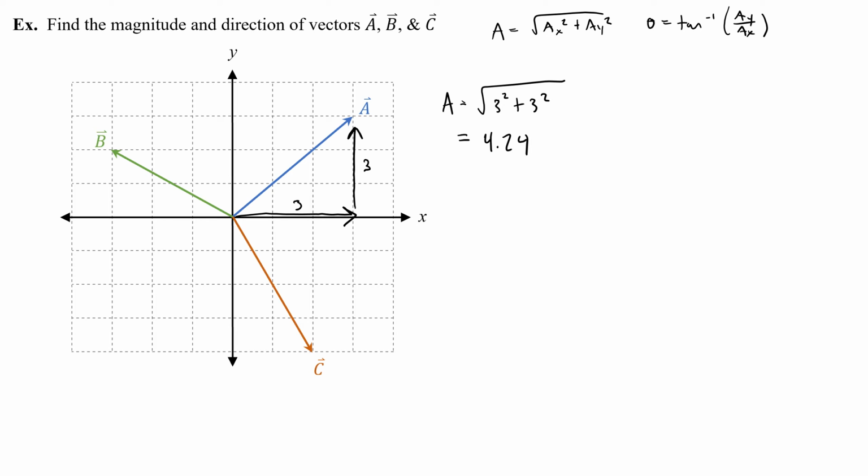Okay, then if I wanted to find the angle here, I'm going to call this theta A, since there's an A, B, and a C. And I would say theta A is equal to tangent inverse 3 over 3. And that gives me, well, hopefully you see it, 45 degrees.